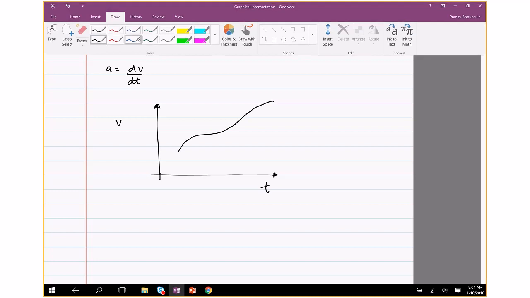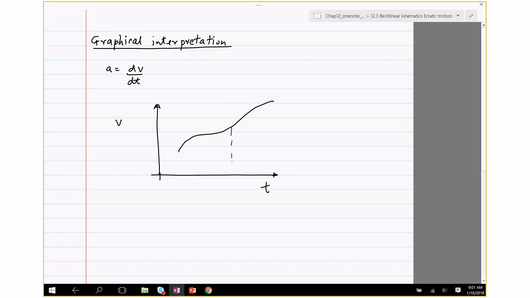Okay, let's look at acceleration is dv/dt. In order to understand this expression, let's look at a plot of velocity versus time. Given the velocity, you can draw the velocity as a function of time, and if you want to find the acceleration at any point in time, all you need to do is get the slope at this point.